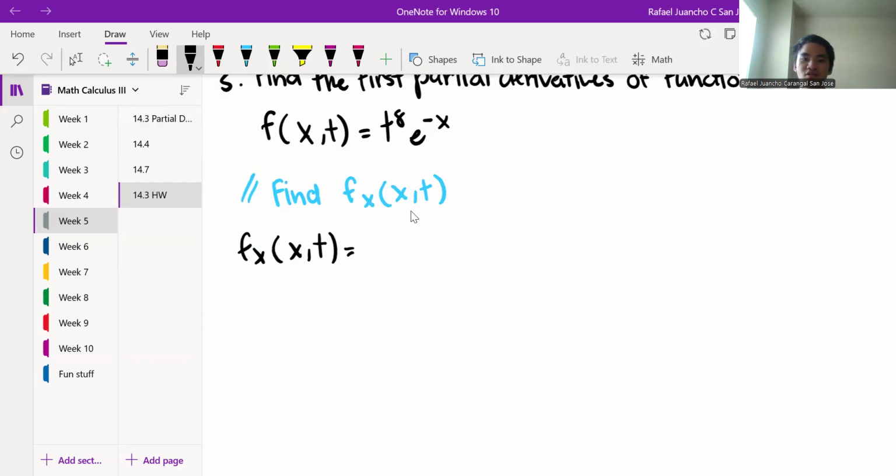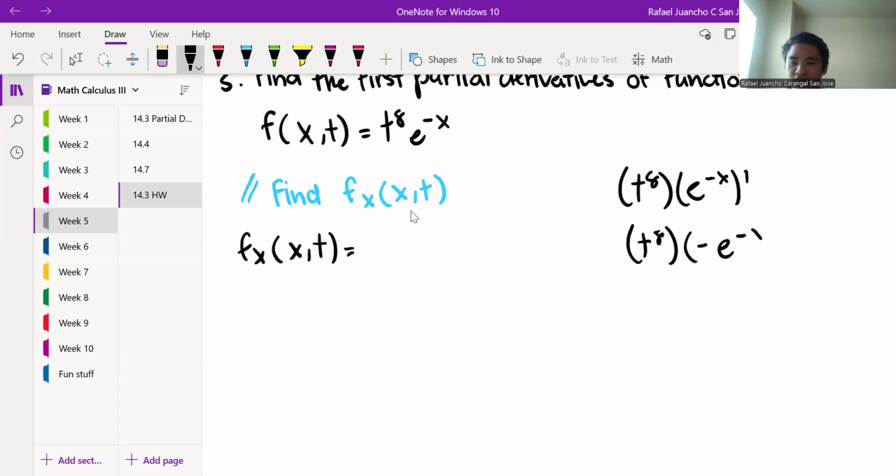So here we treat t as a constant. So we say, okay, I'm going to completely ignore this. Now I look at the derivative of this thing, e to the negative x. Well, that's just negative e to the negative x.